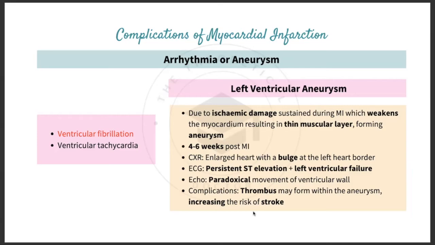So it's pale, pulseless, and so on and so forth. It's actually due to the complications of left ventricular aneurysm. Thrombus may form within the aneurysm, and this can increase the risk of stroke. Sometimes the patient may even come with stroke, but sometimes they may come with acute limb ischemia, depending on where the thrombus gets occluded.